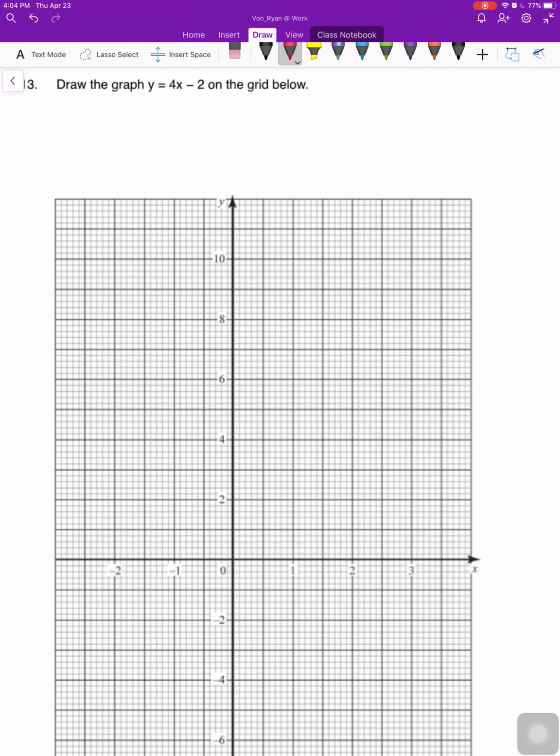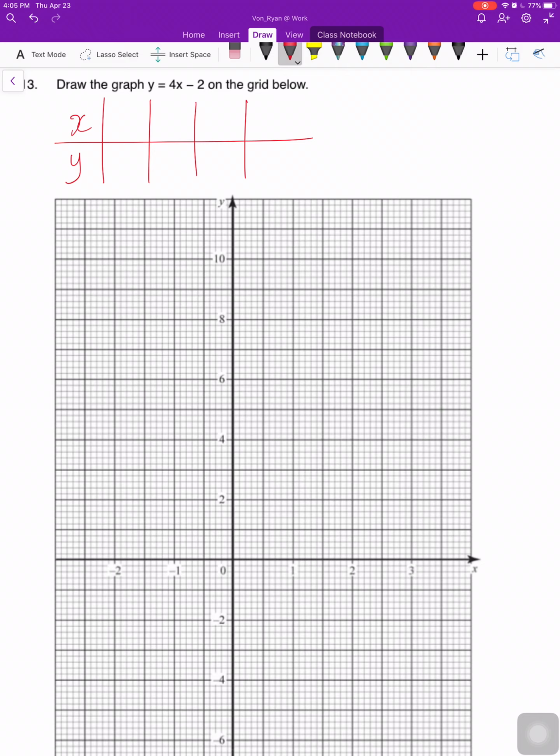So this is the same technique that you need to use. So just draw a table, assign any numbers for x. Easiest if I draw the table first, something like this. So x, y.